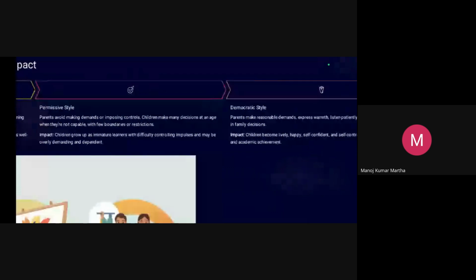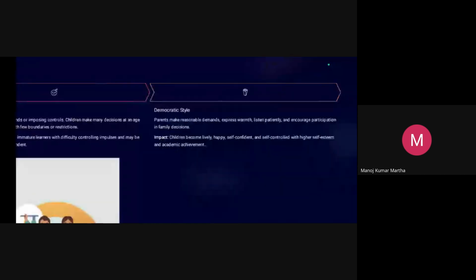On the other hand, another type of parenting style is the democratic style. Democratic style means parents and children take decisions by mutual interaction, and children are given opportunities to participate in family decisions, and they express their feelings and emotions. What happens if the parenting style is democratic?